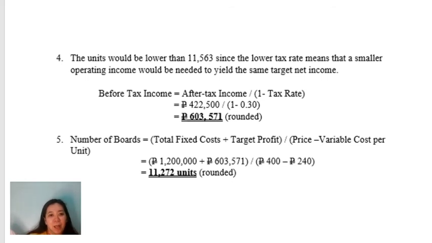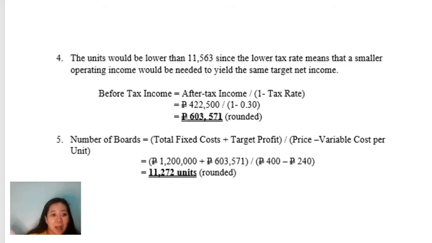Number 5. How many units of skateboard should be sold so that the company will earn the before tax income of 603,571? Here it's 11,272.